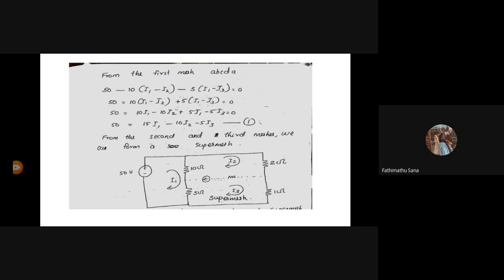Anybody get the first mesh equation? Jyotish? Jyotish is there or not? Kailasnath? Kailasnath.